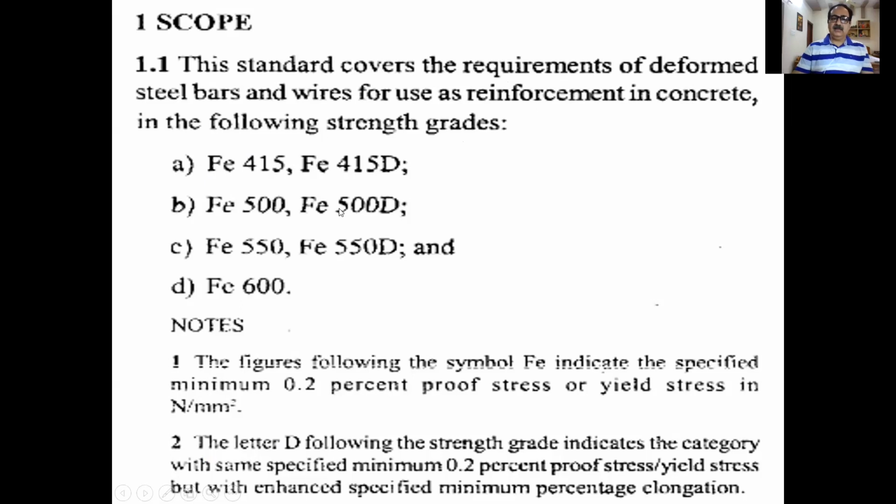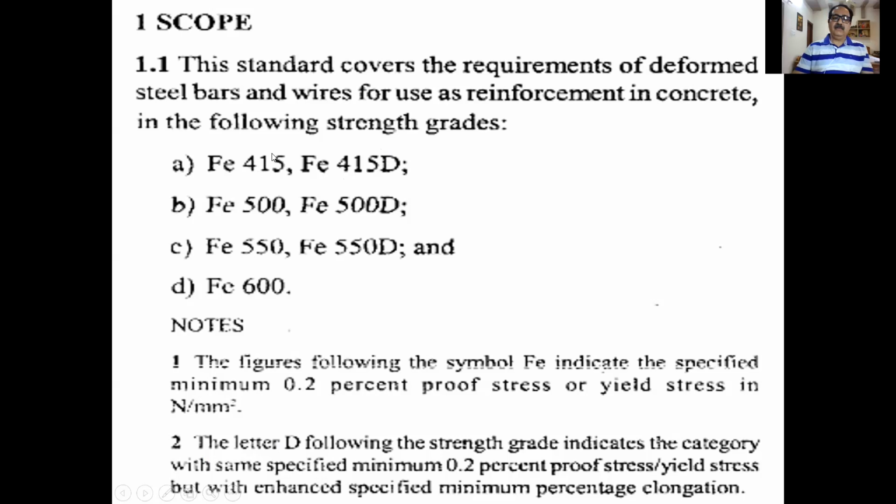We will study in the following slides what is the difference between Fe 415 and Fe 415D. This is more ductile as compared to this. Strength is going to be the same, but this D suffix indicates that it is more ductile. We have to see the chemical composition. So chemical composition has been altered to make it more ductile.